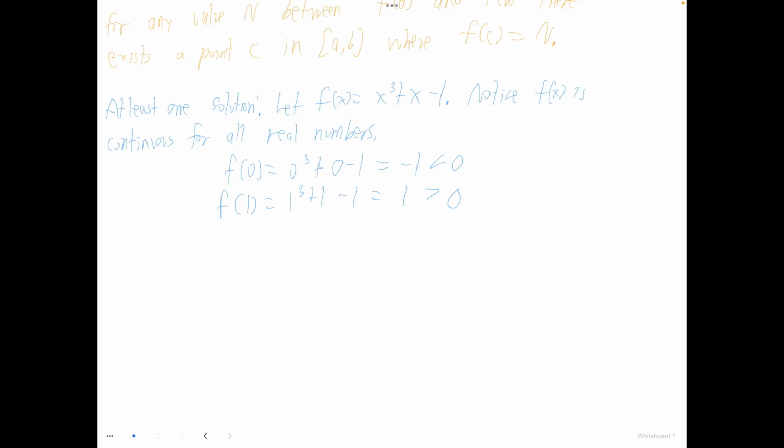And so then by the intermediate value theorem, which again I'll actually write out its name now, there exists a point c in the interval 0 to 1 where f of c equals 0.